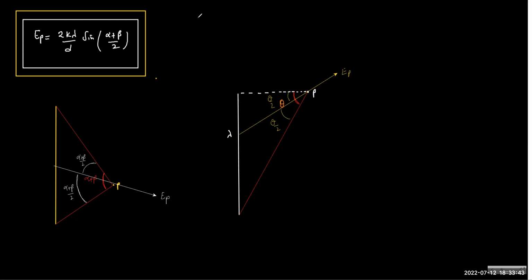And what is the most interesting fact that you should be aware of? That if the rod is, let's say, semi-infinite, like you cannot see the other end, and if the point P is exactly here, then this angle will be how much? If you join something to the infinity, this is theta.